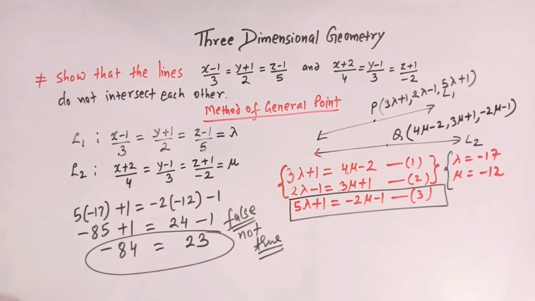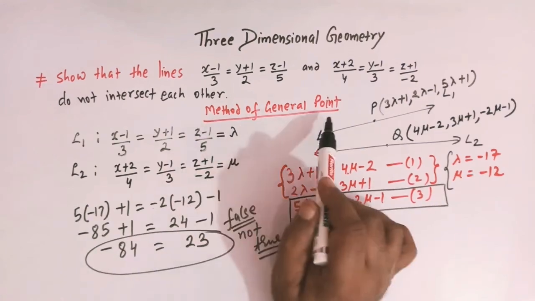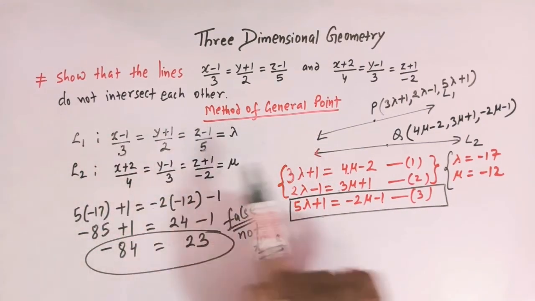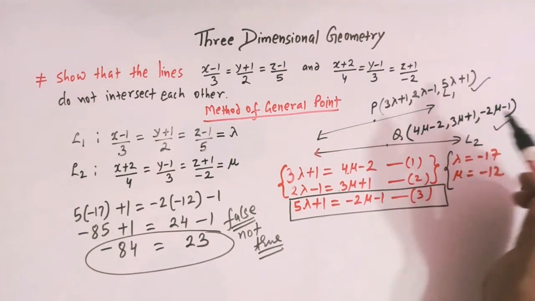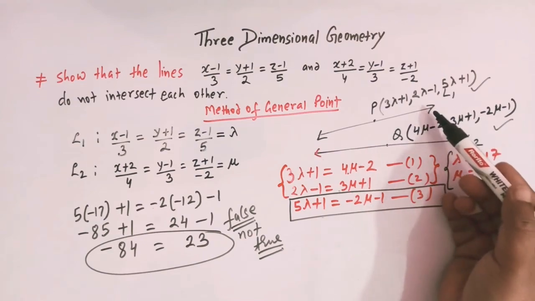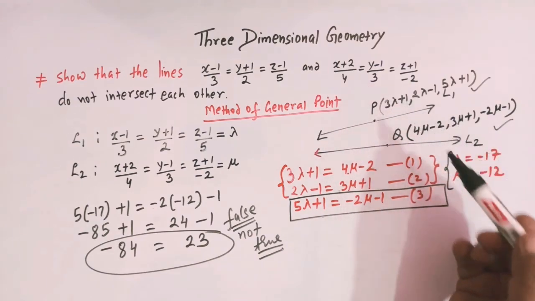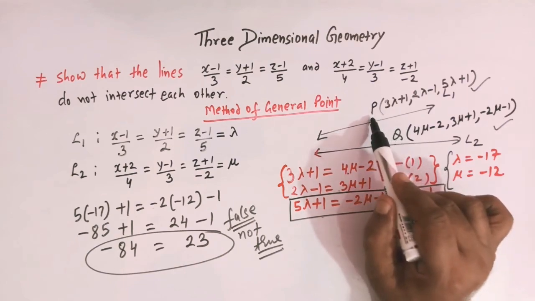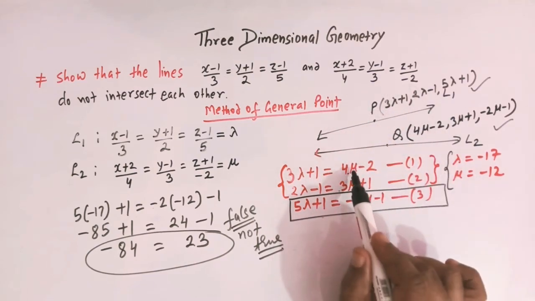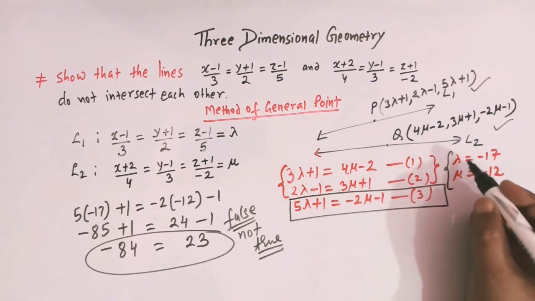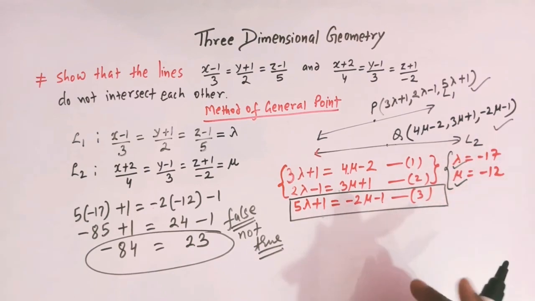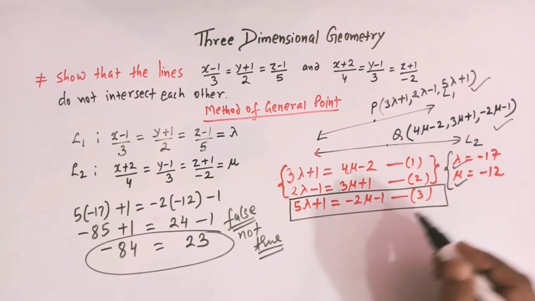So whenever we have to show whether two lines intersect or not, what we usually do in the method of general point is we try to find the coordinates of the general point lying on the two lines like this, and then we assume that these two lines intersect each other. It means these two points coincide, and we frame three equations, right? We select any two of the equations to get the values of λ and μ, and then we substitute these values in the third equation.